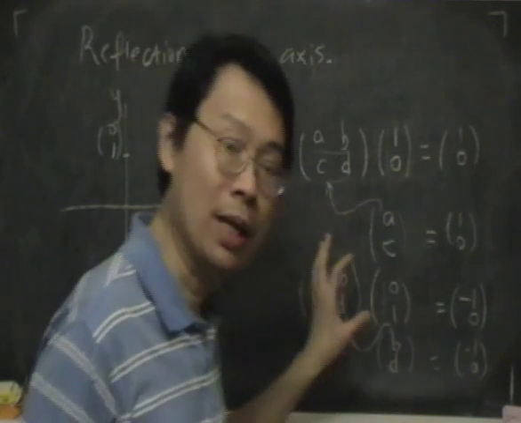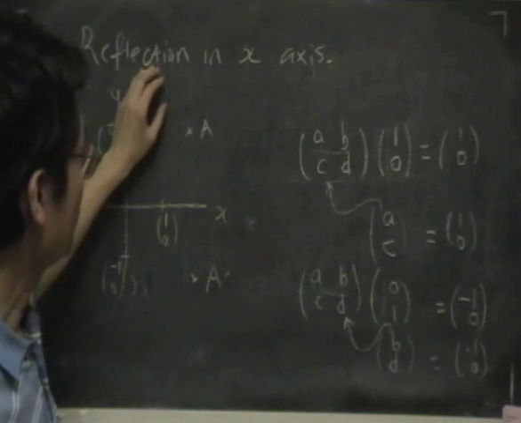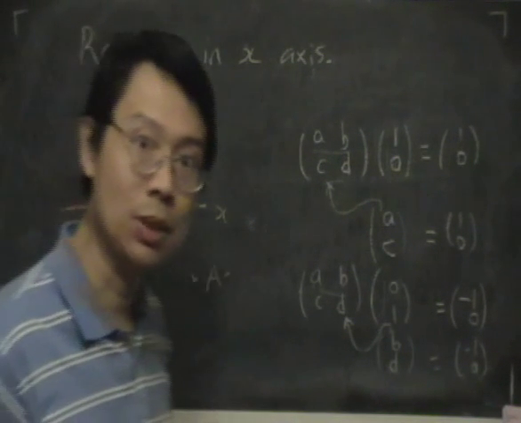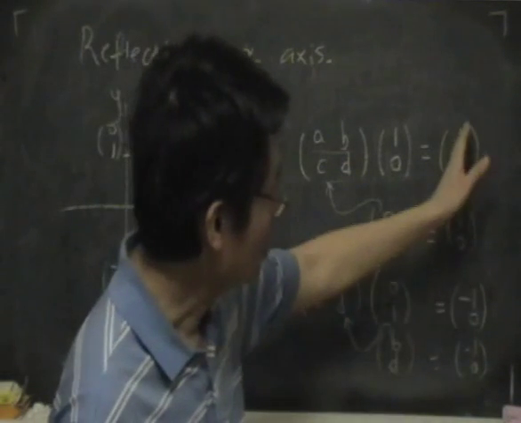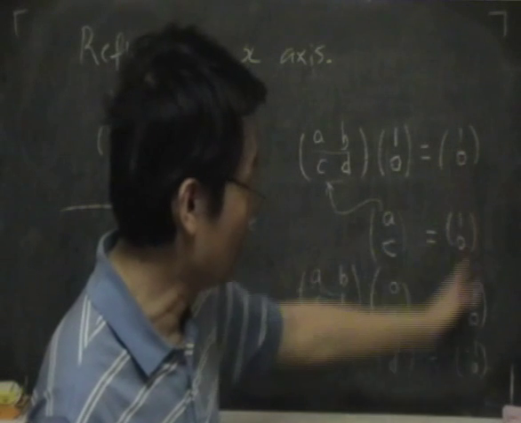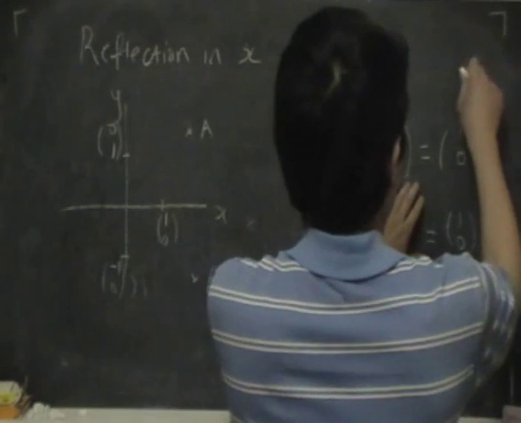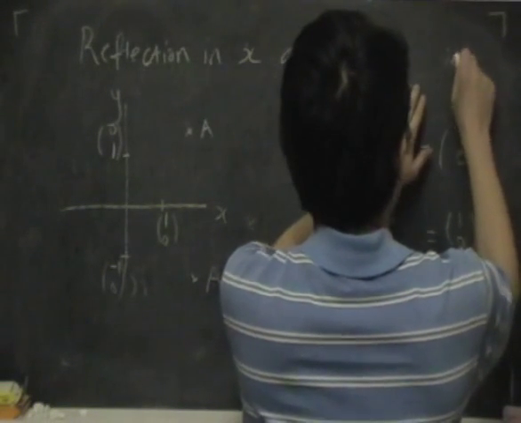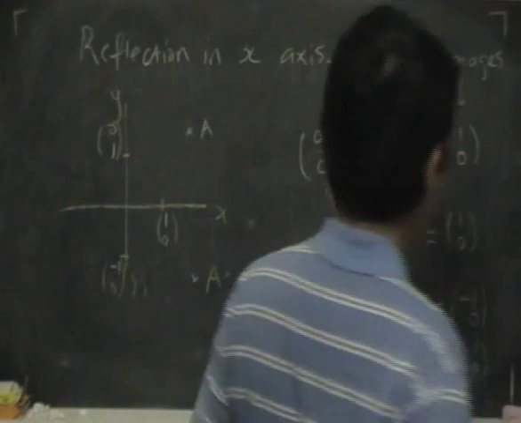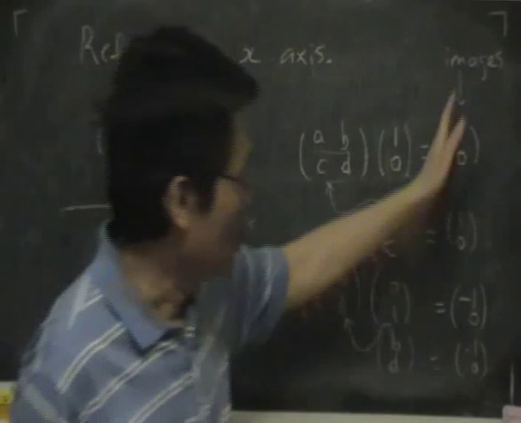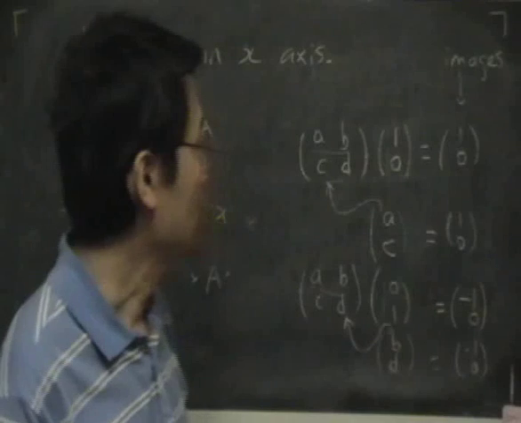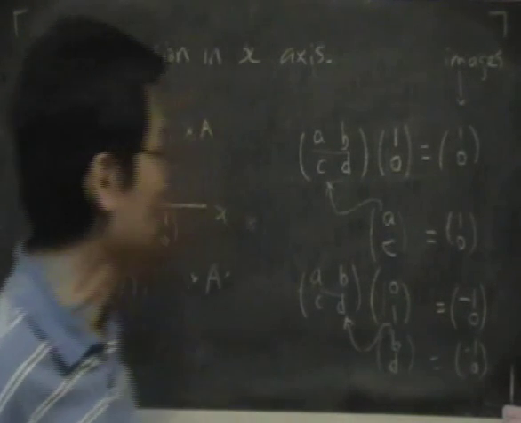And this does not depend on the type of transformation. Whether it's a reflection or rotation or something else, it will affect the right side of the equation. It will affect the image. On the right side what you have is the images. So the image positions will be different depending on the transformation.